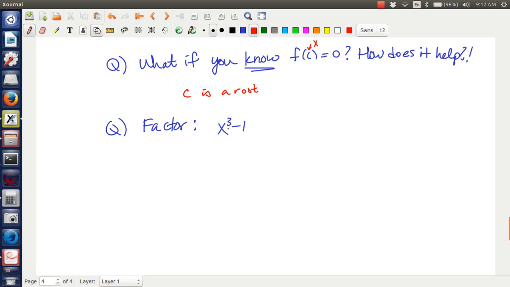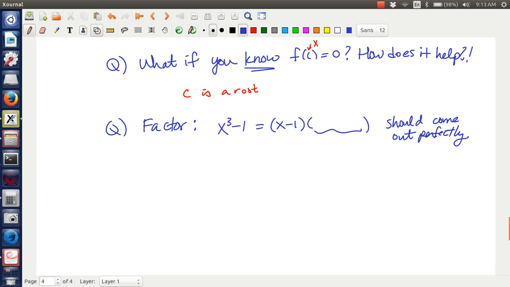Okay, so for example, let's say we're asked to factor this. We know that if we put in x is equal to 1, this thing has a 0 here. So we already know this should have x minus 1 and then some other piece. It should come out perfectly, right?